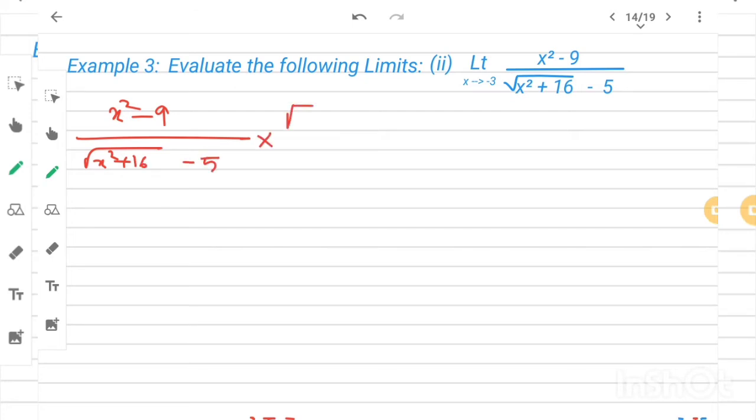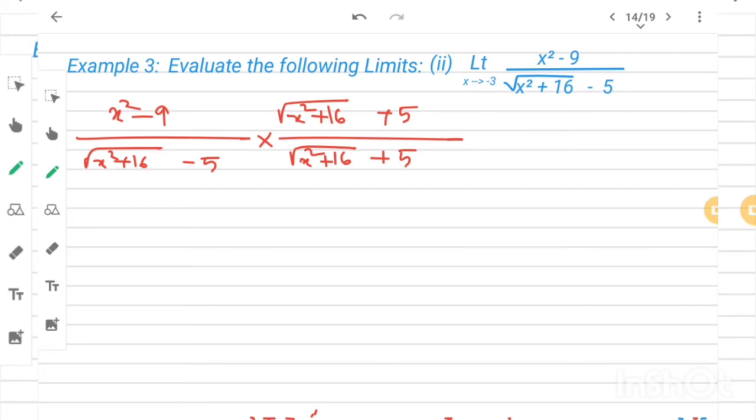I am going to rationalize with root of x square plus 16 plus 5 whole divided by root of x square plus 16 plus 5.